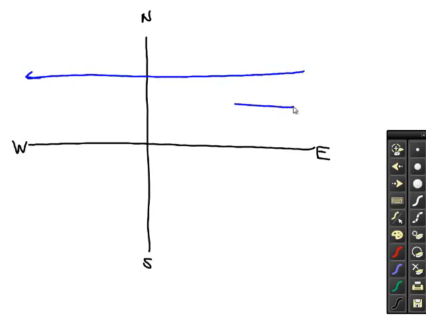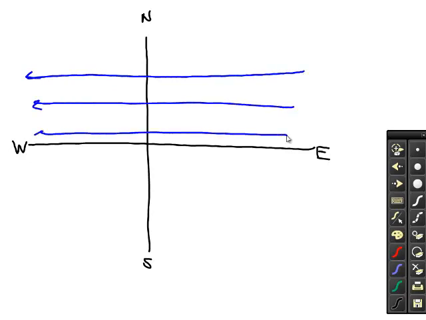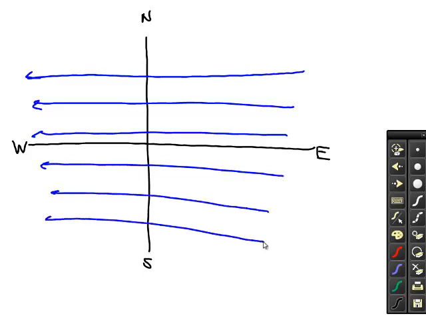That means if I put Ralph in this field, he's positive and he's going to feel a force toward the west. If I take an electron and stick it in this field, which way will he feel a force? East.